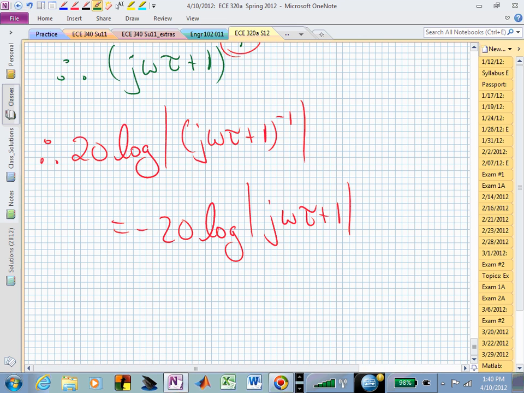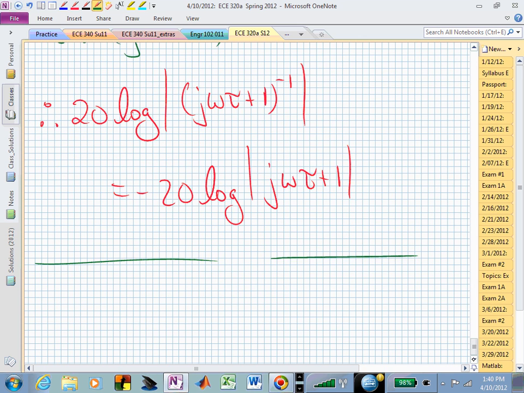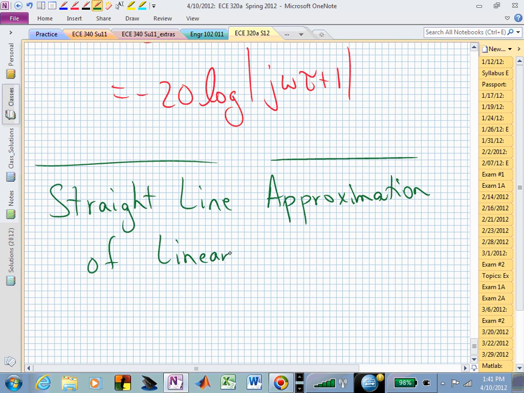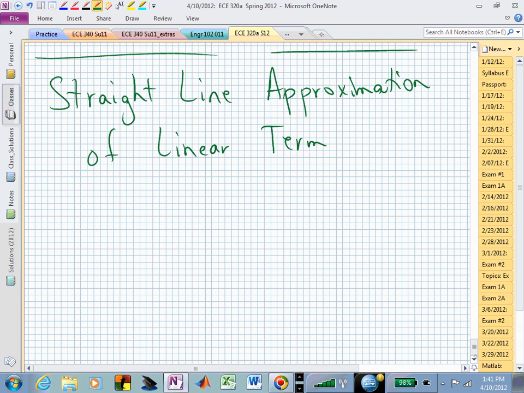What I want to do now is, based on this discussion, sketch our straight line approximation magnitude response, or frequency response, for this linear factor or linear term. If we have our frequency axis omega, all we really need to do is find where our break frequency is on that, and we can locate it if somebody gives us the value.